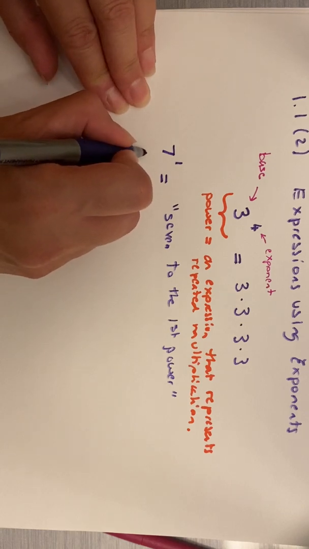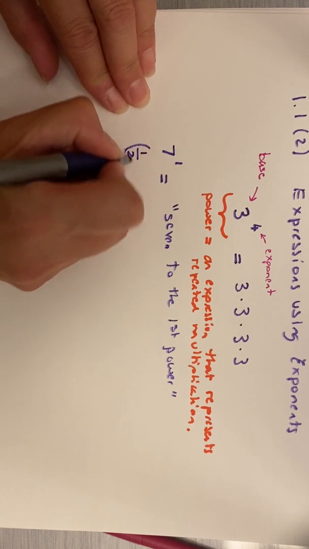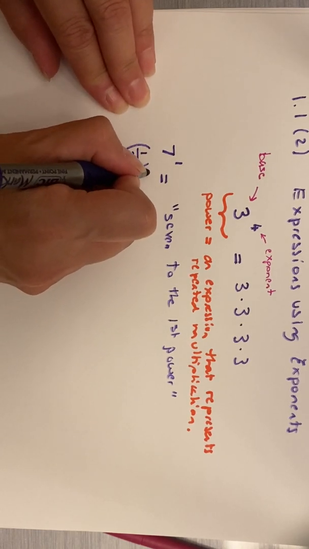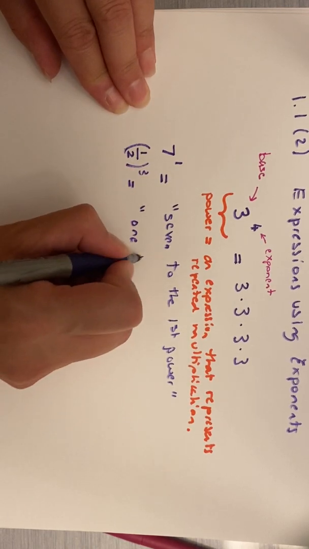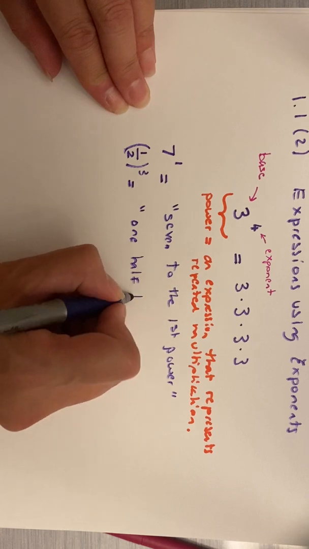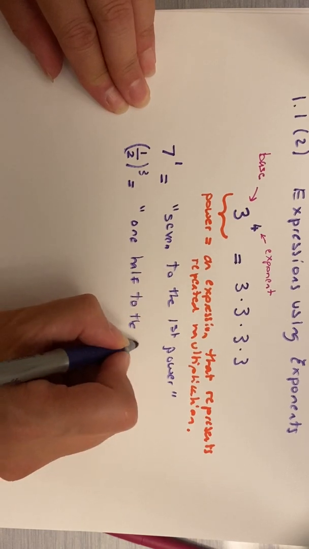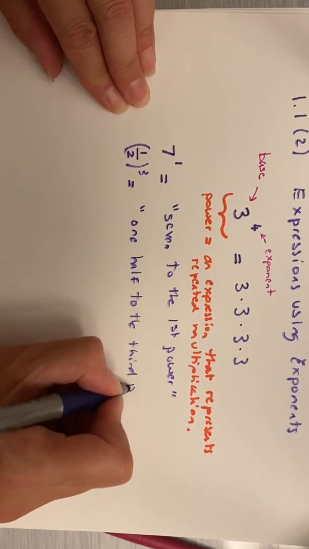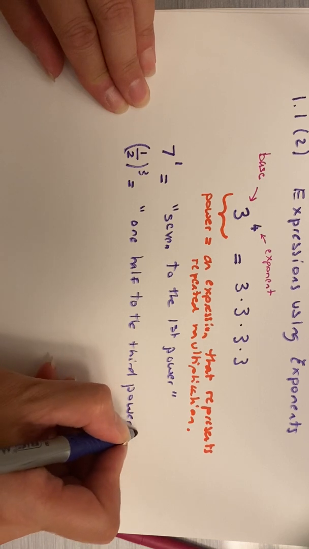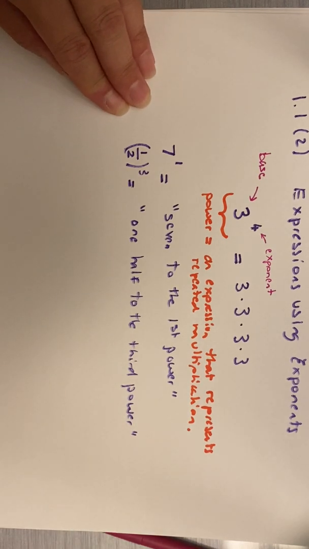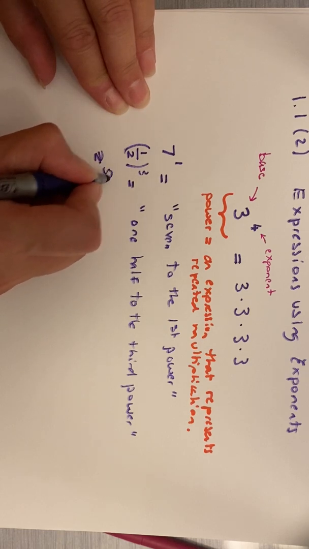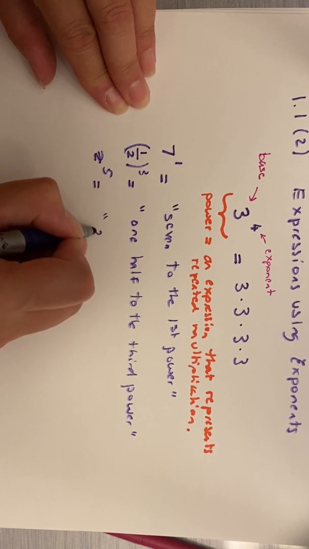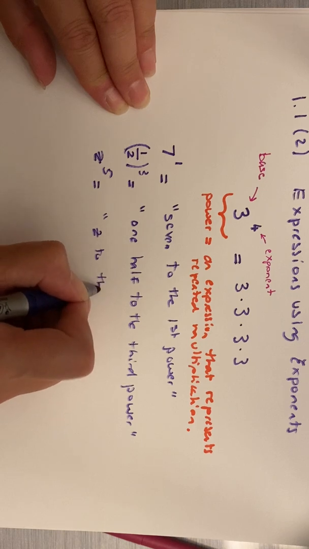And I'm not going to do every example in the book, but if I did this, this is 1/2 to the 3rd power. And a variable, we're going to pick z this time, z to the 5th power.